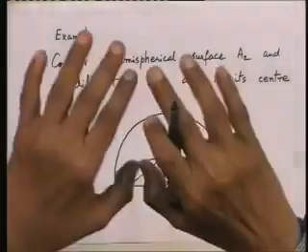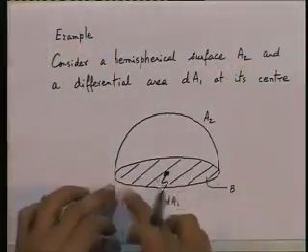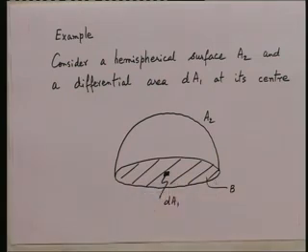So, A2 is a hemispherical bowl, dA1 is at the center of that hemispherical bowl.